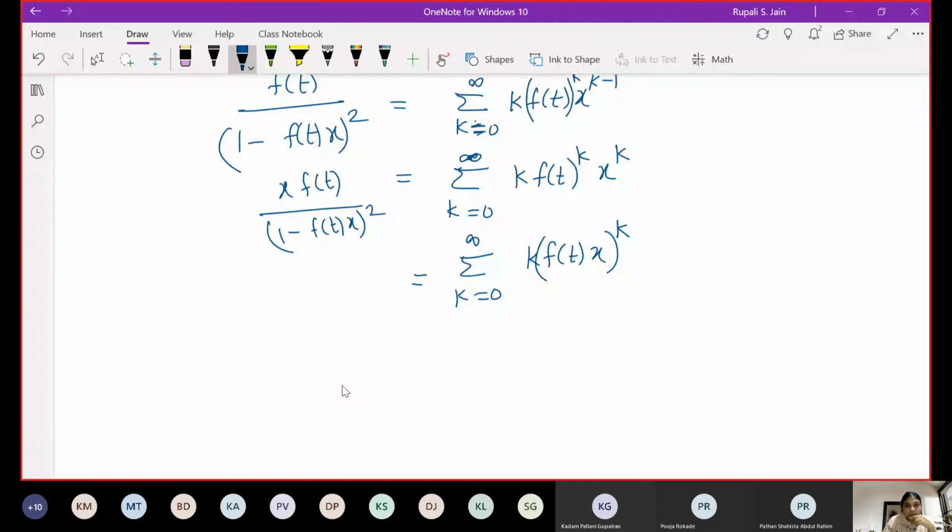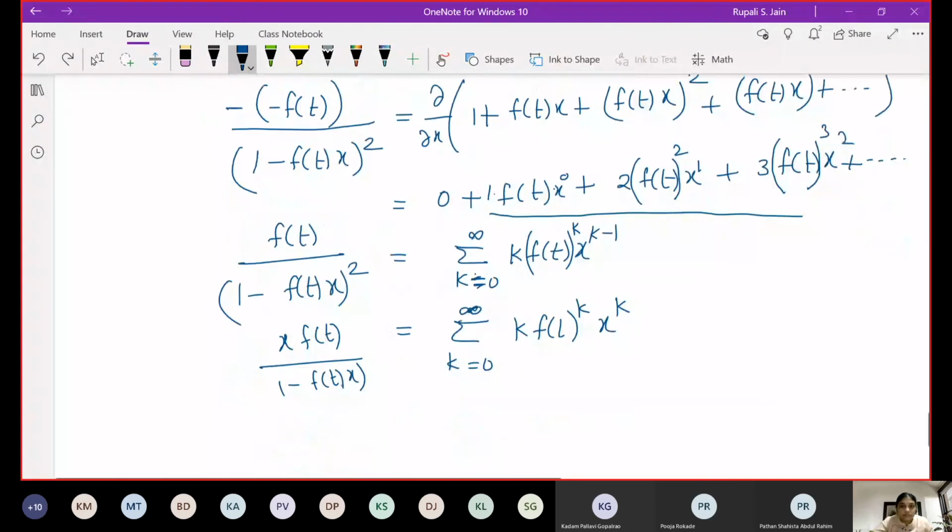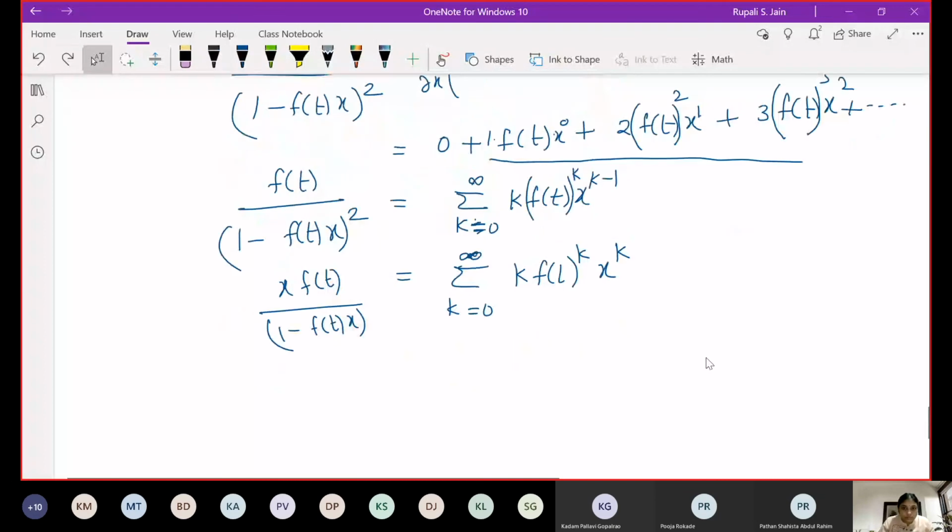Okay, so f of t into x raised to k I am writing, or if I don't write also no problem, not necessary. So k times f of t raised to k x raised to k, that is my ykt, ykt x raised to k.